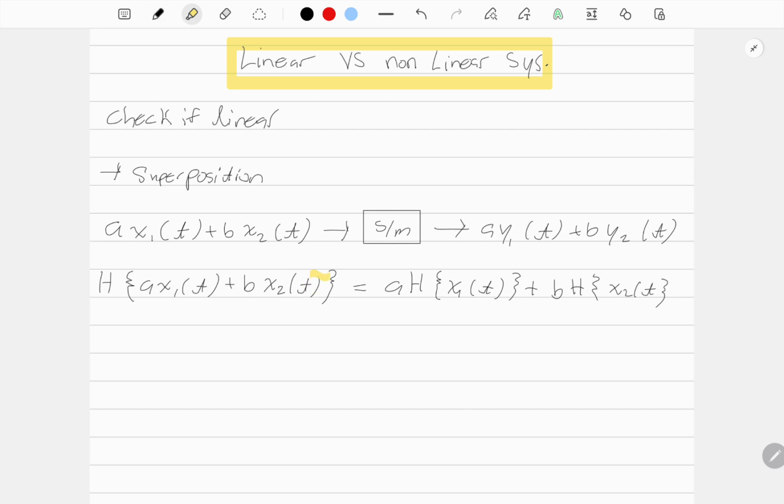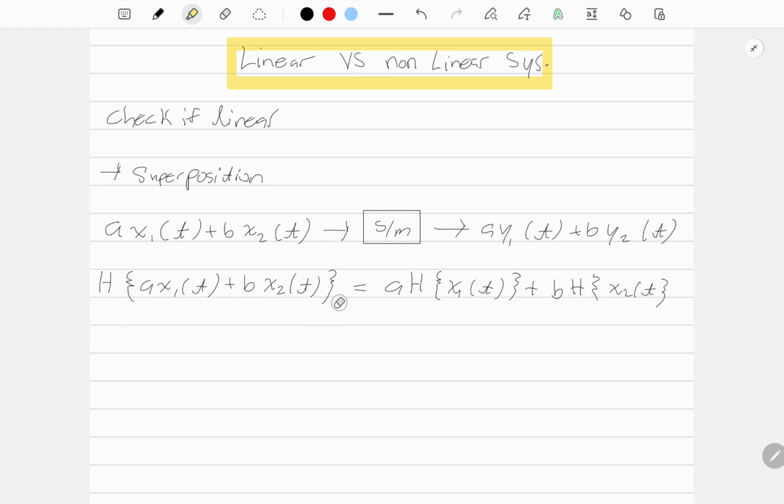And this left hand side of the equation is going to represent you following the system once, because there's one squiggly bracket here and one squiggly bracket here.